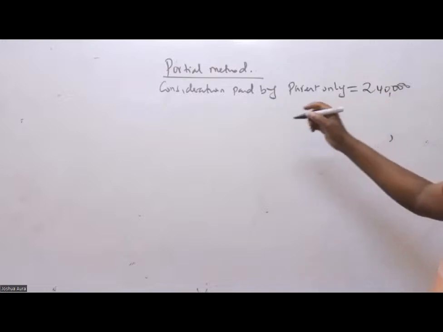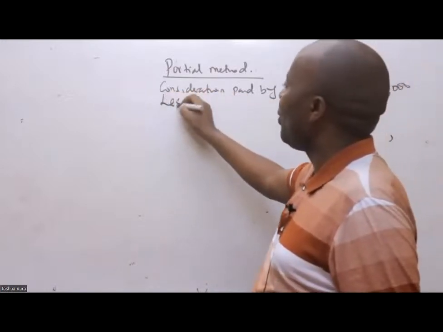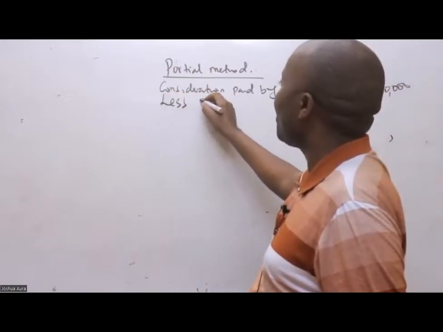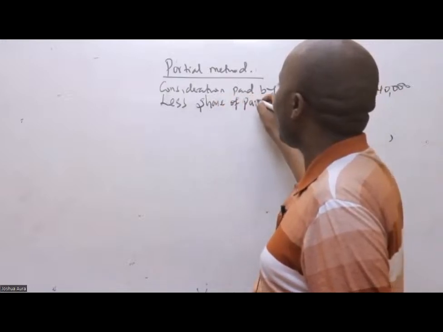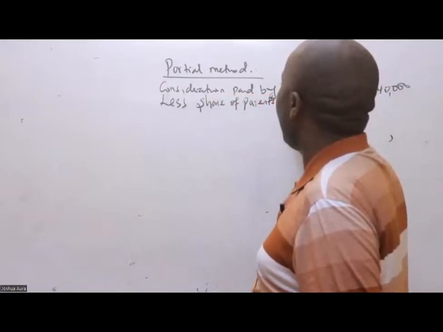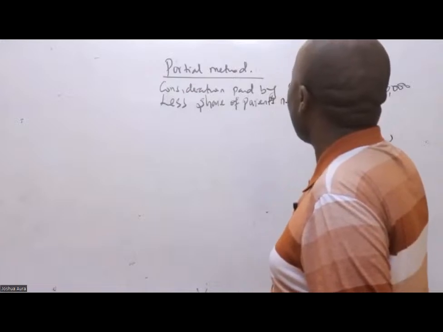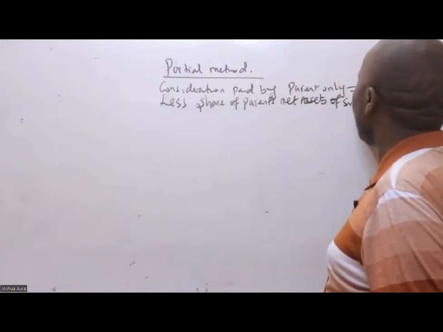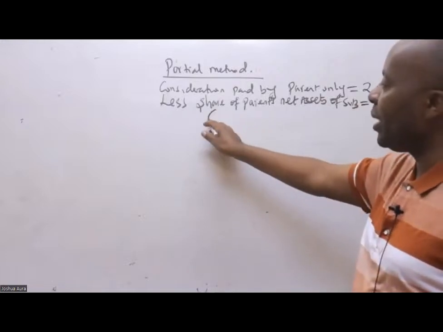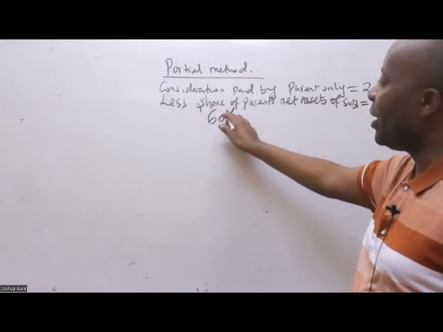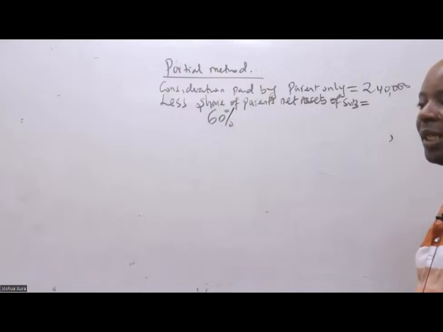And then you will come here and less the share of the parent's net assets of the subsidiary. Remember, the parent has got what percentage? If I remember very well, the parent has 60%.